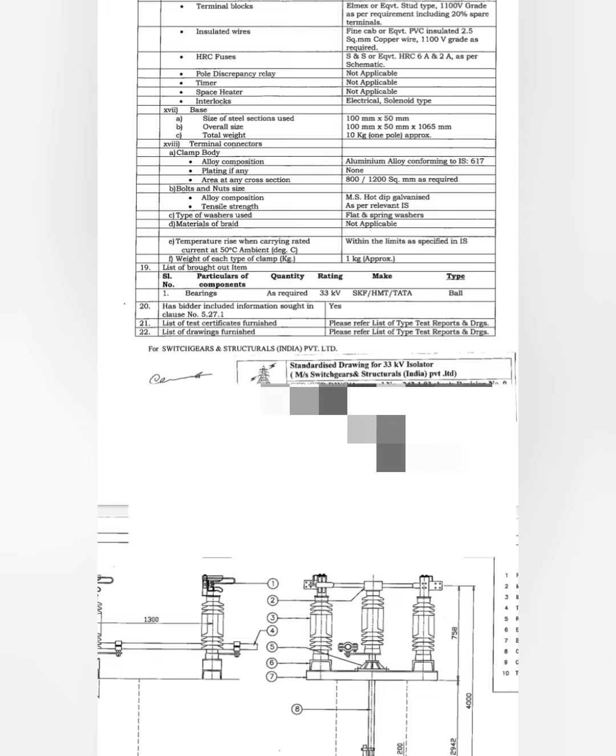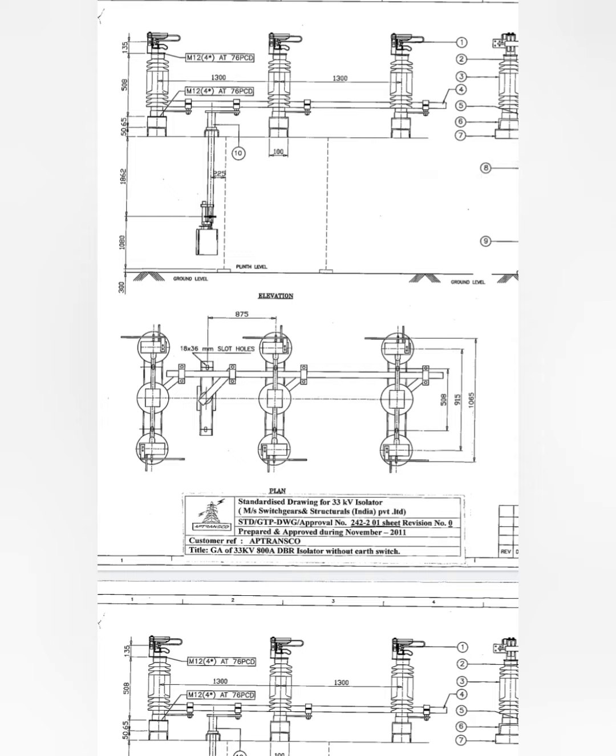Here we are going to see mostly about the civil structure or the construction of your isolator and switch, and also the circuit diagrams, if any manual operation, local operation or remote operation needs to be carried out. So coming to the 33 kV isolator diagram, the top one is the side view of your isolator civil structure, and the bottom diagram is the top view.